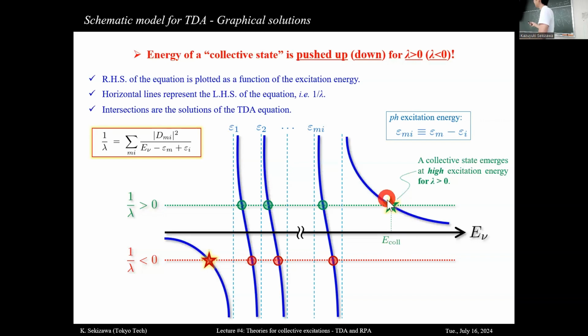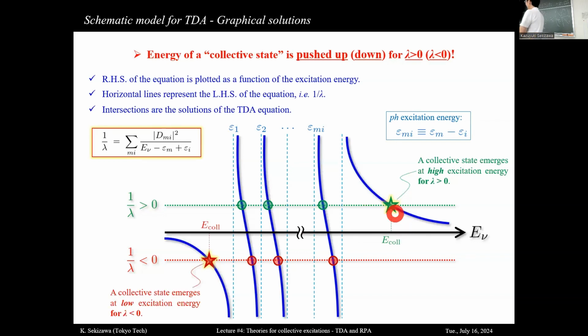And this collective state emerges at high excitation energy. So when this two-body interaction is repulsive, then there is a state with very high excitation energy, which is related to the collective state.